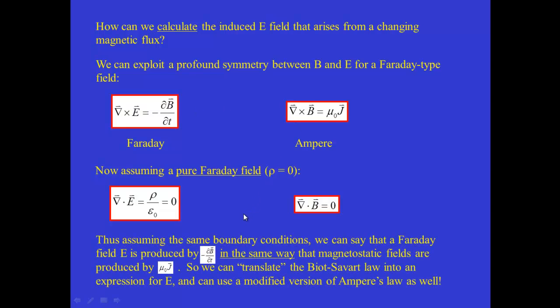And assuming that they obey the same boundary conditions, where the electric and the magnetic fields would go to 0 as distance goes to infinity, what we can say is that the Faraday electric field, E, is produced by negative dB dt in exactly the same way that the magnetostatic field, B, is produced by mu naught J.